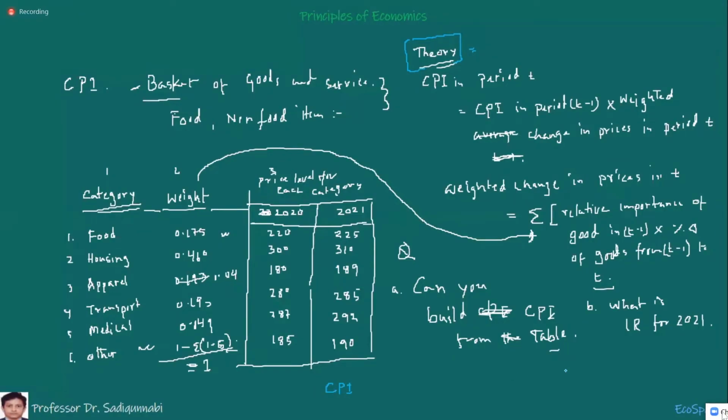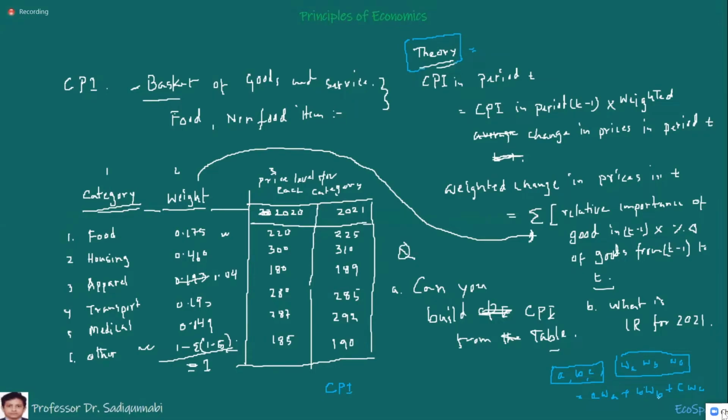Suppose A, B, C are our three elements, and WA, WB, and WC are weights. Then the weighted average is A·WA plus B·WB plus C·WC, divided by WA plus WB plus WC.